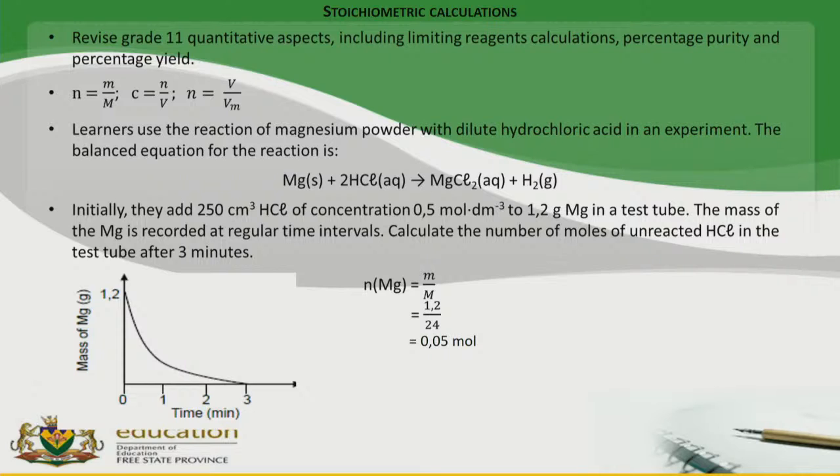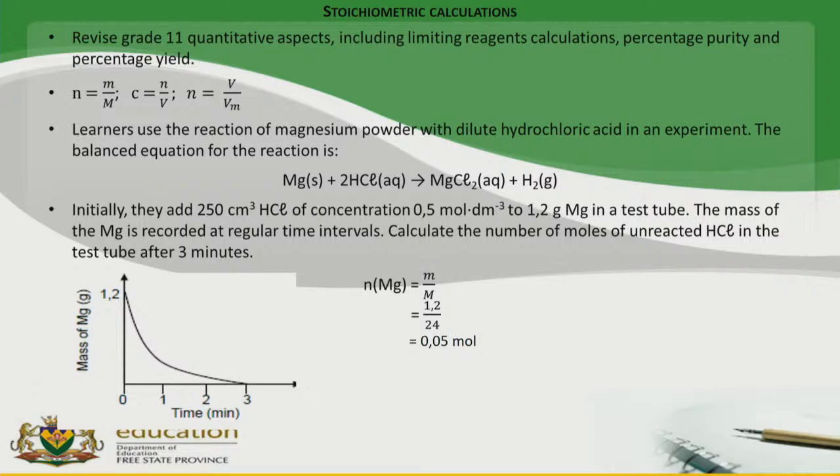So it is important for you to determine which of the reactants will be used up, because when you know how much of it has been used up, then you can use that particular reactant to get maybe the second reactant, how much will be used of that second reactant, or you will be able to get how much of the product was formed.